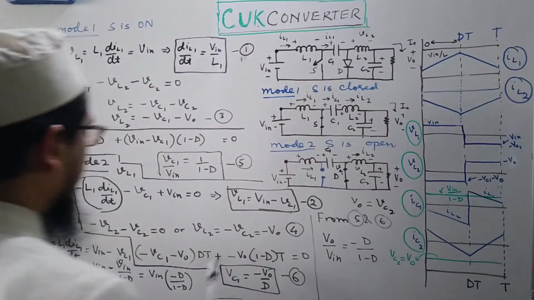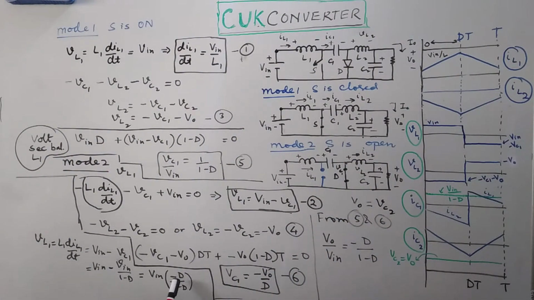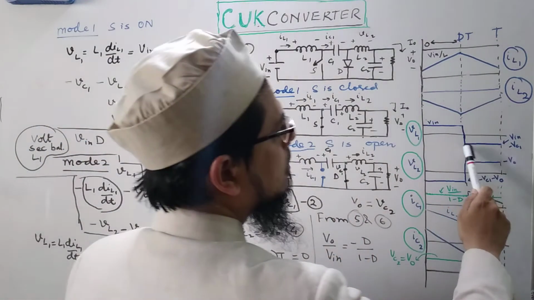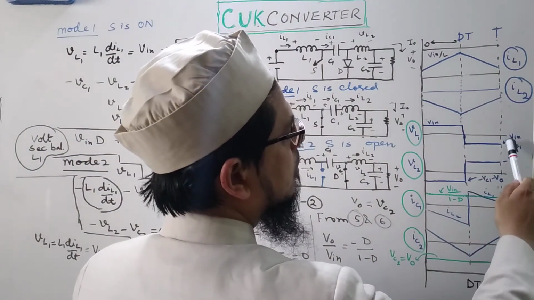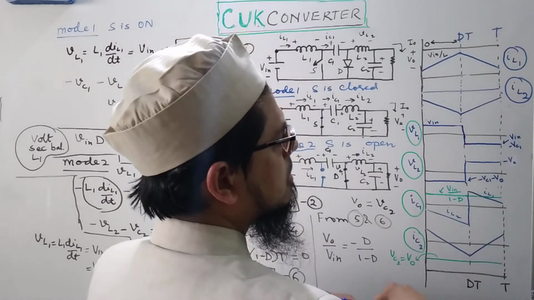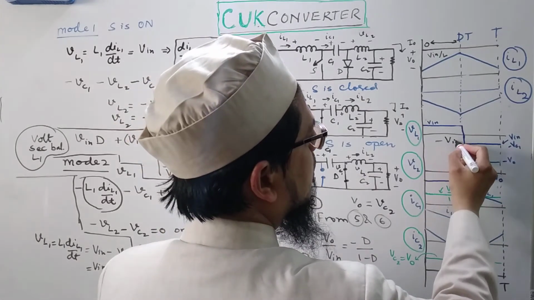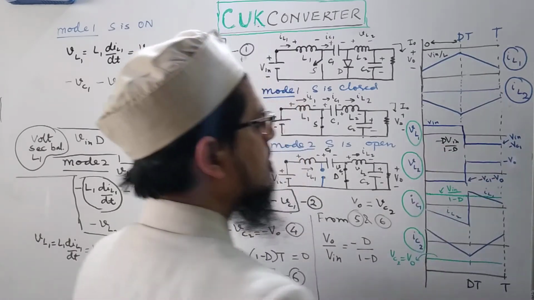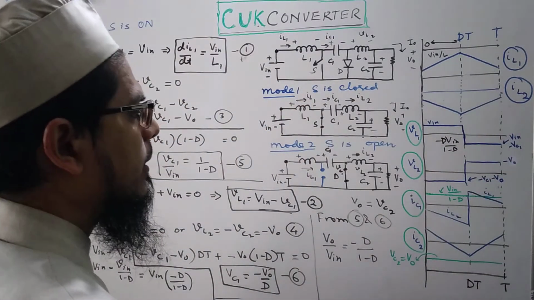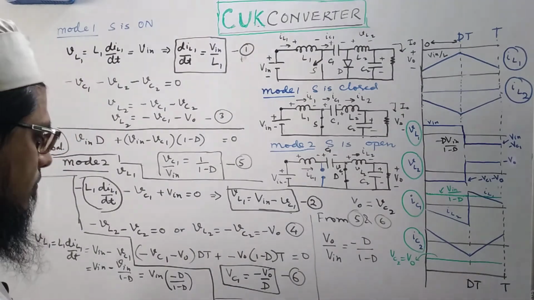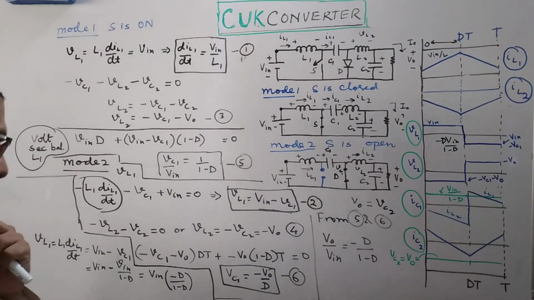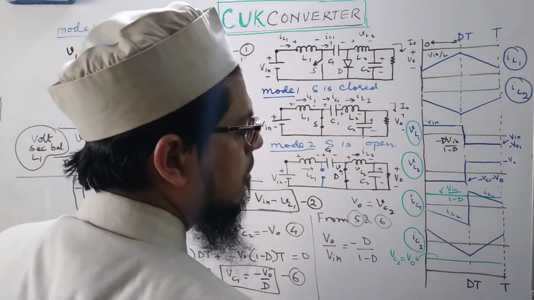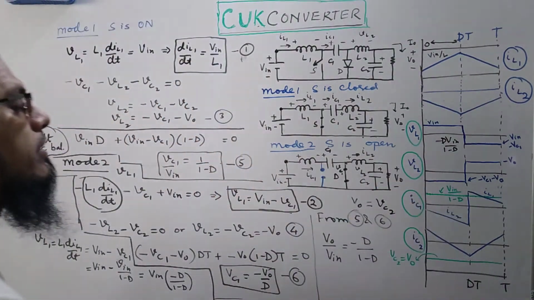In this case, VL1 is equal to Vin times minus d by 1 minus d, which is a negative constant value. So I have drawn it here as a constant value. I have written it as Vin minus VC1, which is the same as minus d Vin by 1 minus d. And this is also equal to V0, the output voltage.